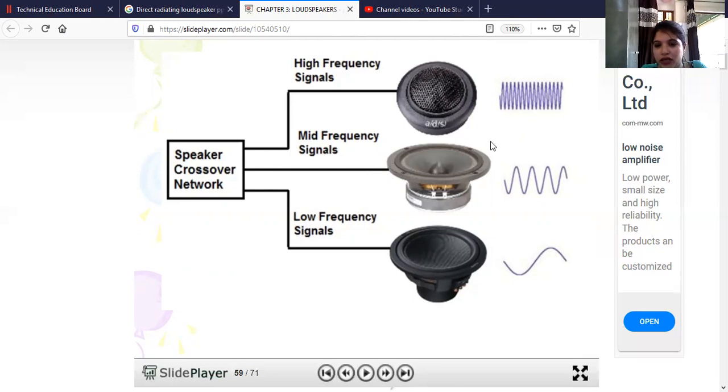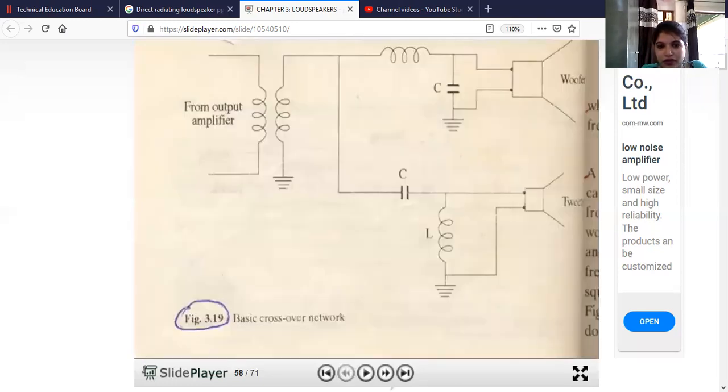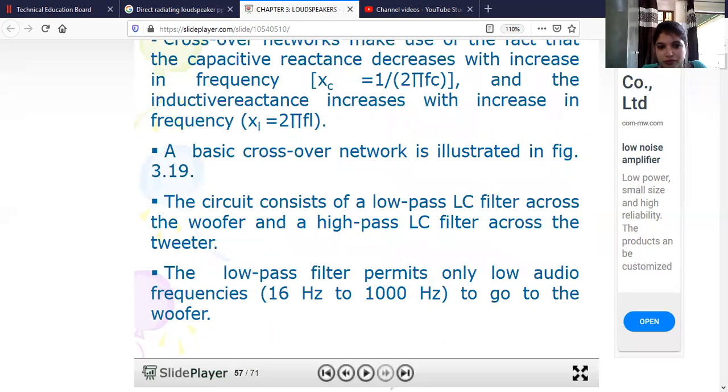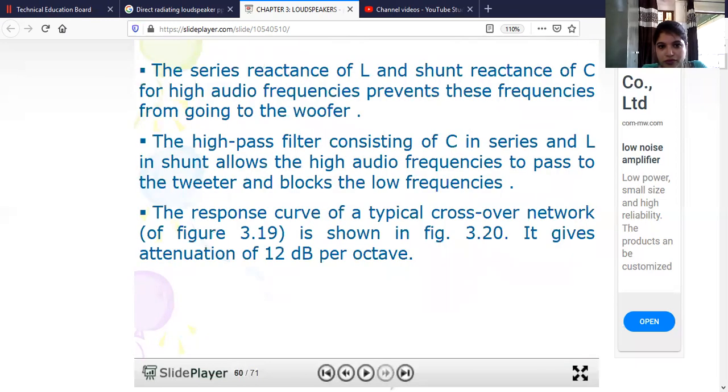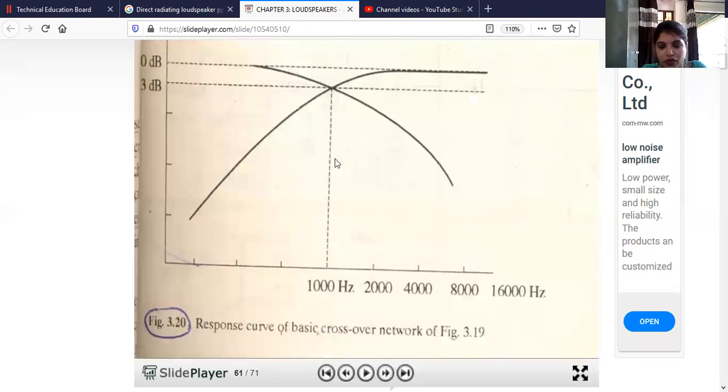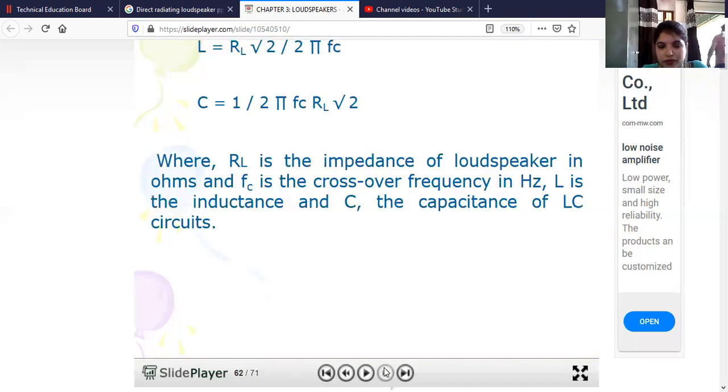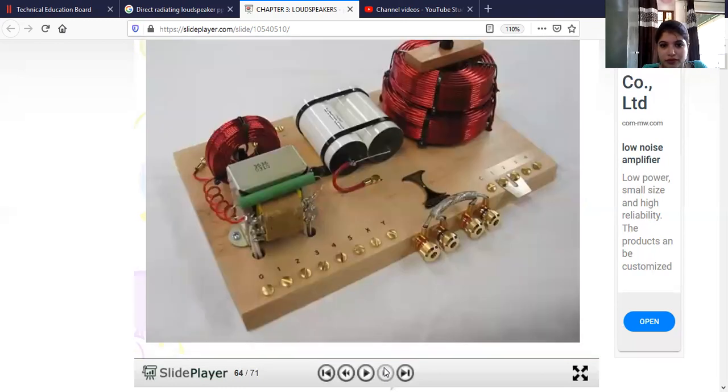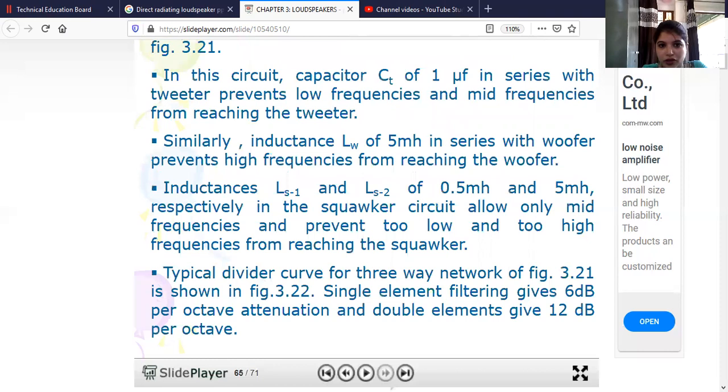This is for high frequency, this is for low frequency, and this is for mid frequency range. And this is the frequency response: for mid frequency it was like this, for low frequency and for high frequencies. This is a real structure of loudspeakers connected over here.